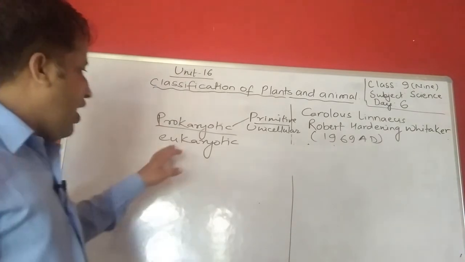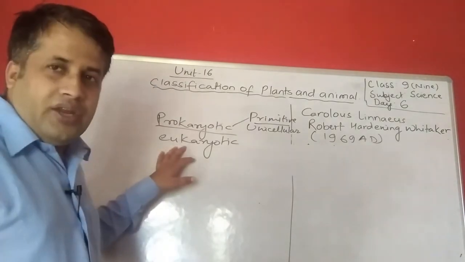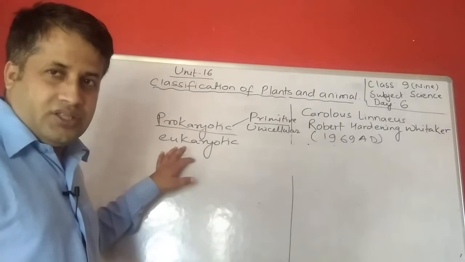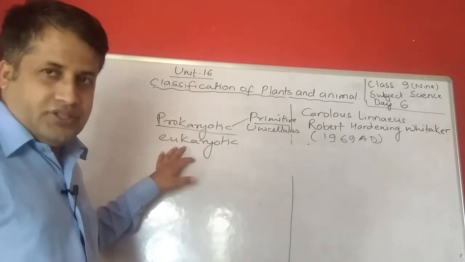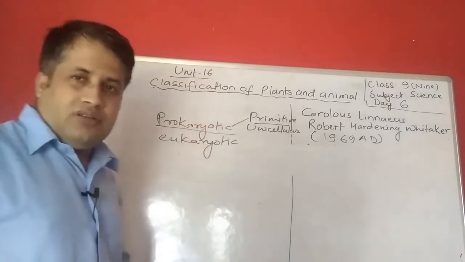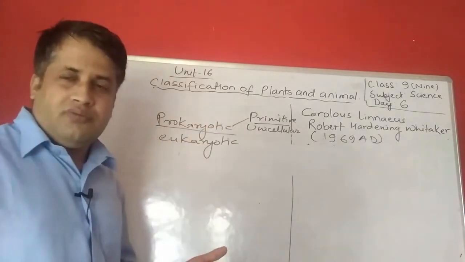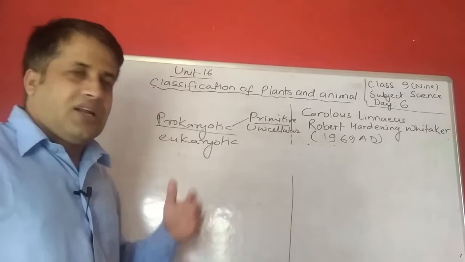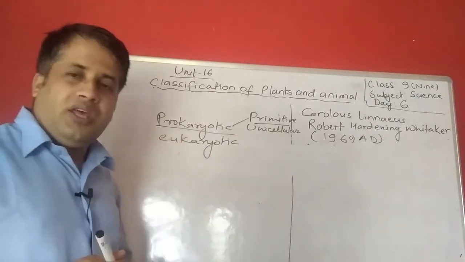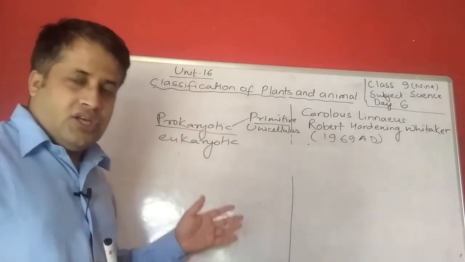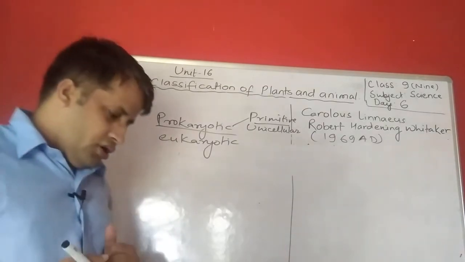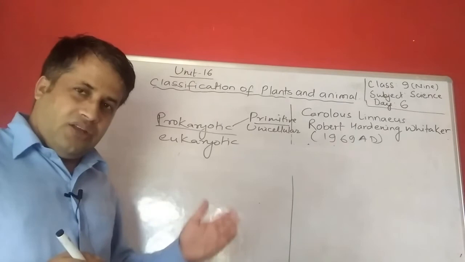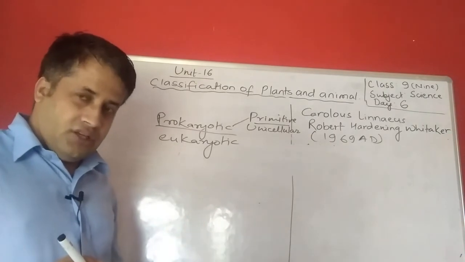Those organisms are called eukaryotic, having a nucleus, mitochondria, and other cell bodies, and the ones which are primitive are classified as prokaryotic. So he classified on that basis. So this five kingdom system is closely related to prokaryotic and eukaryotic. That's why it is used here.